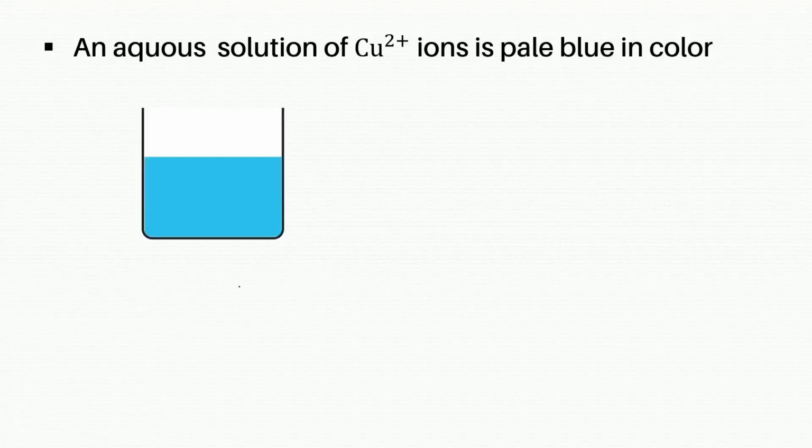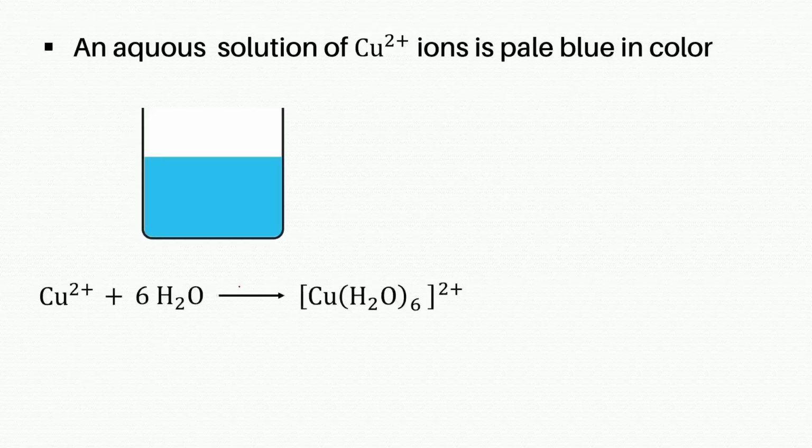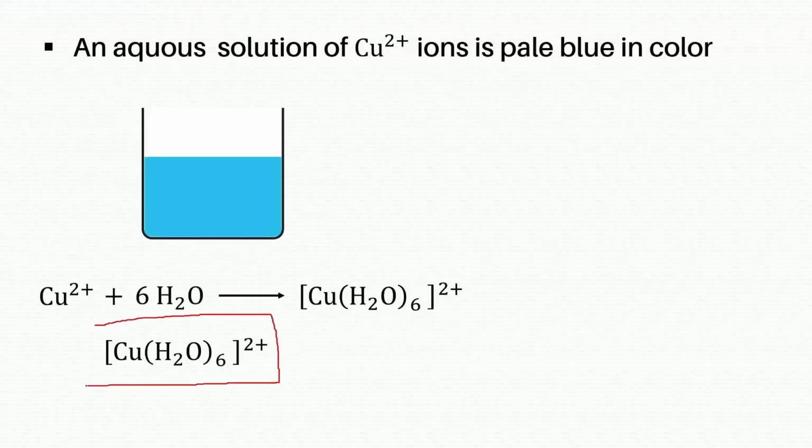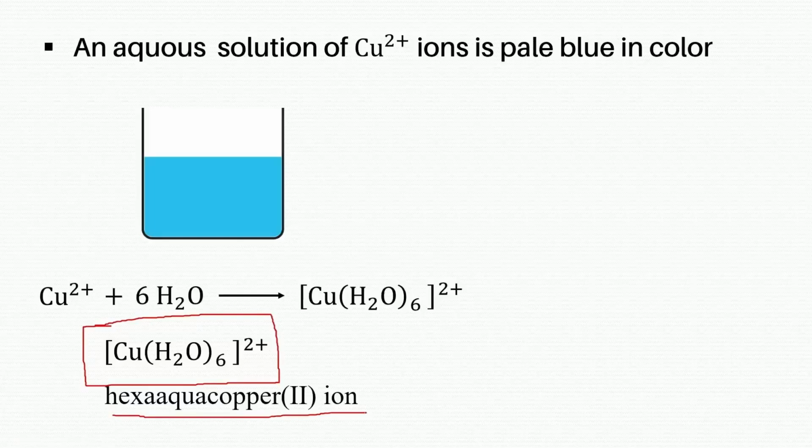Cu2+ ions combine with water molecules to form a complex ion like this in aqueous solution: [Cu(H2O)6]2+ ion, hexaaquacopper(II) ion. Now can you say the reason for the pale blue color in Cu2+ ions?